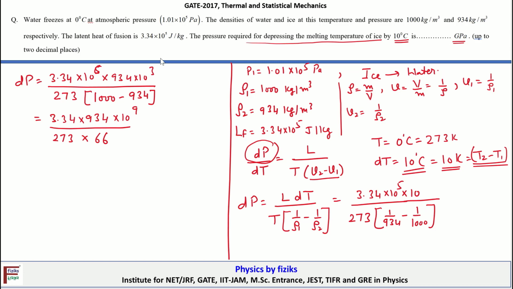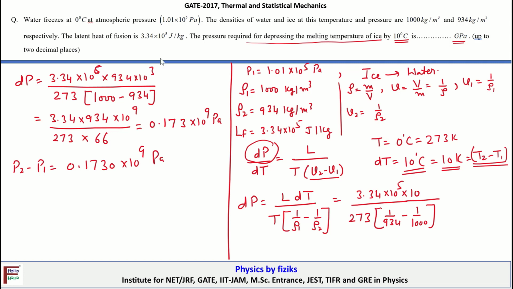Upon solving, that will give us an answer close to 0.173 into 10 power 9 Pascal. So that's delta P, the change in pressure. We know that dP is equal to P2 minus P1, and that is equal to 0.1730 into 10 power 9 Pascal.